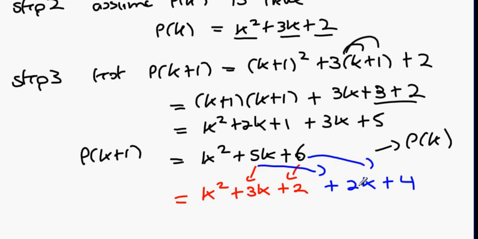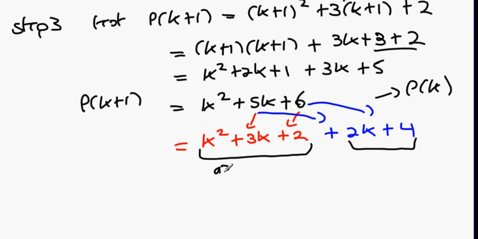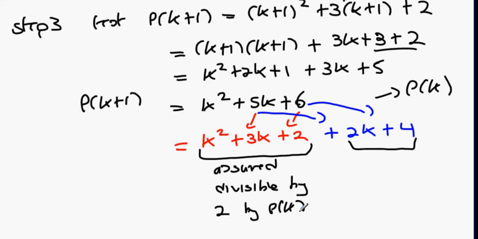Okay? And then we can say the following. This part here is assumed to be divisible by 2 by P of k.